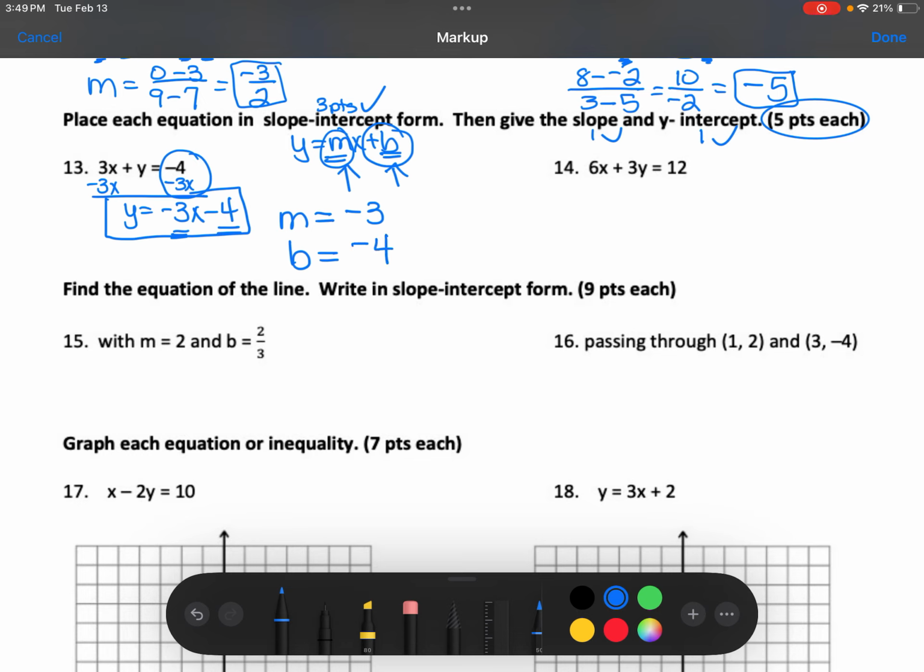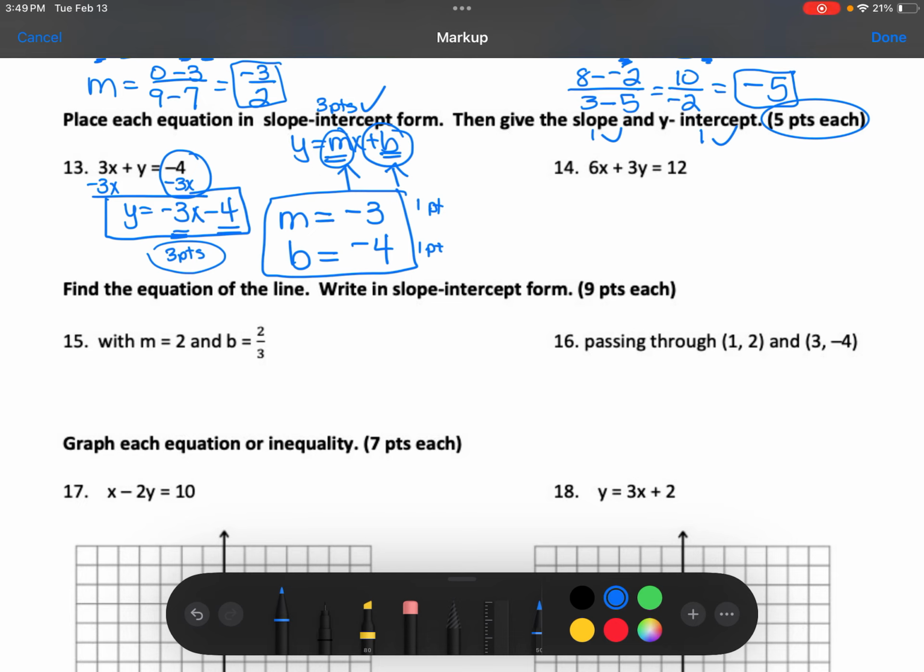So there are my other two answers. So this part is going to be worth 3 points, and these parts are going to be worth 1 point each. And it will be the same on your test. Also, if you get the slope-intercept form wrong right here, then you're not going to get the slope and the y-intercept right. So then it's all going to be wrong.